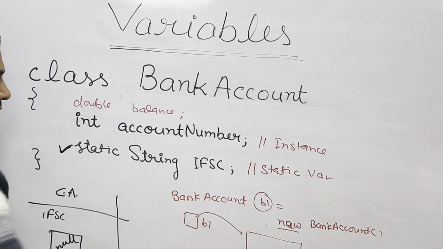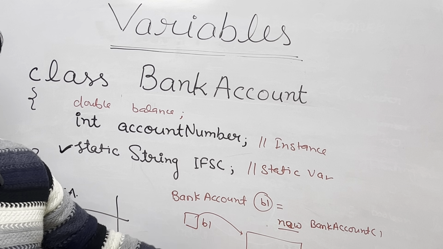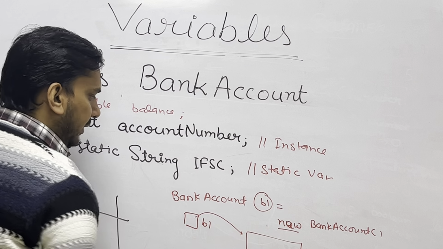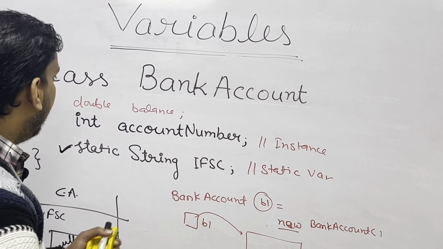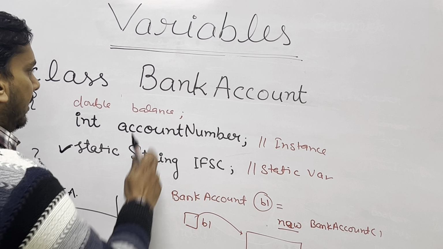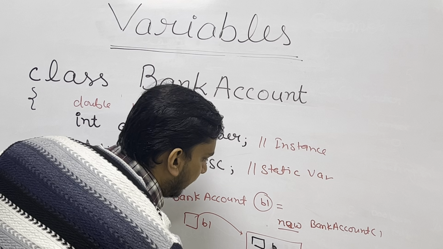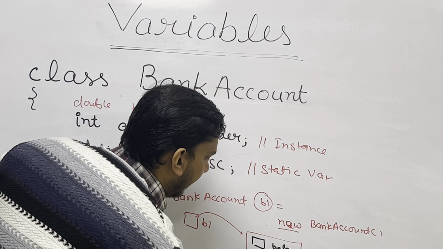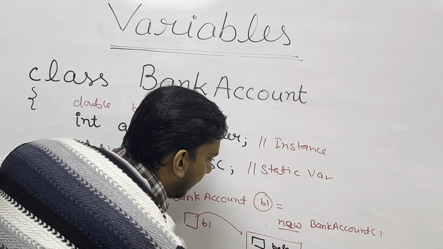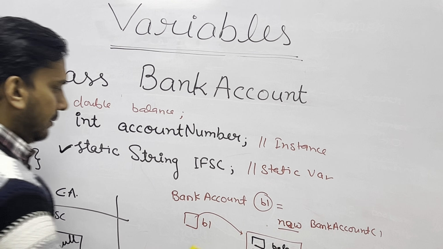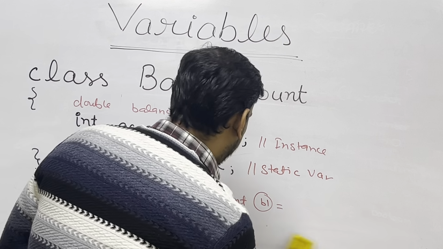Now it will create two instance variables inside this object. One will be your balance and one will be your account number. So it will be like this: balance and account number. Let me write it again.